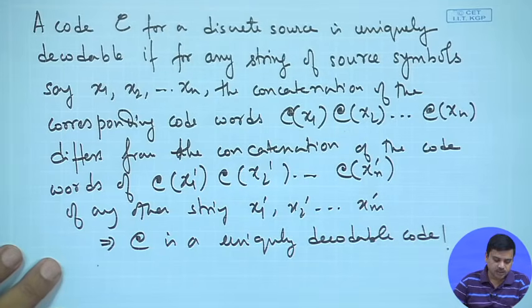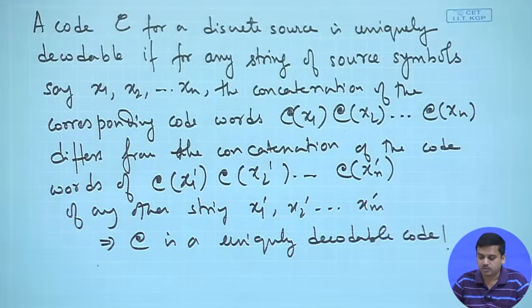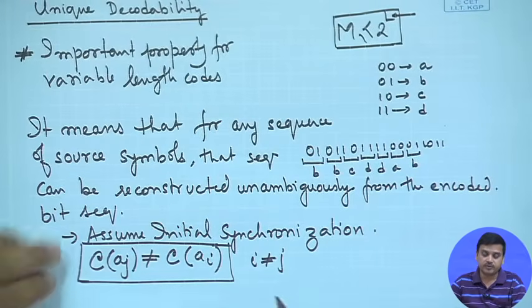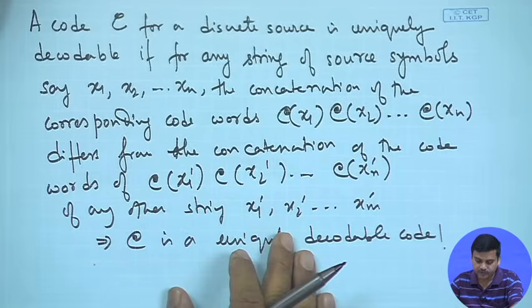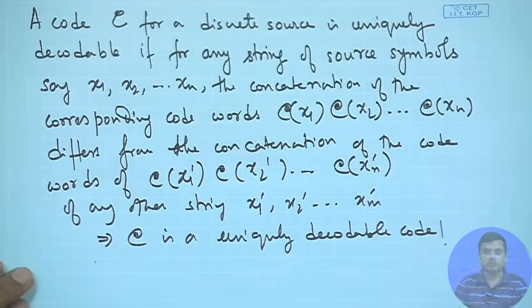Now, this is by definition of a uniquely decodable code. With these two definitions, this is an explanation that we have given, and this is the definition that we have given for a uniquely decodable code. We are going to use this in further designing variable length codes.